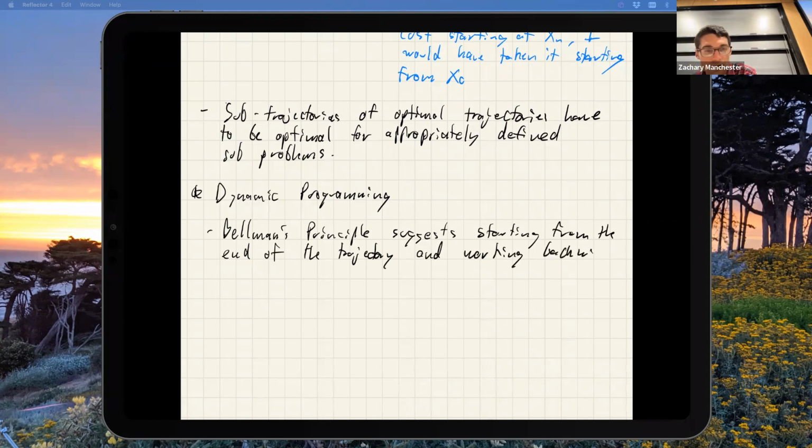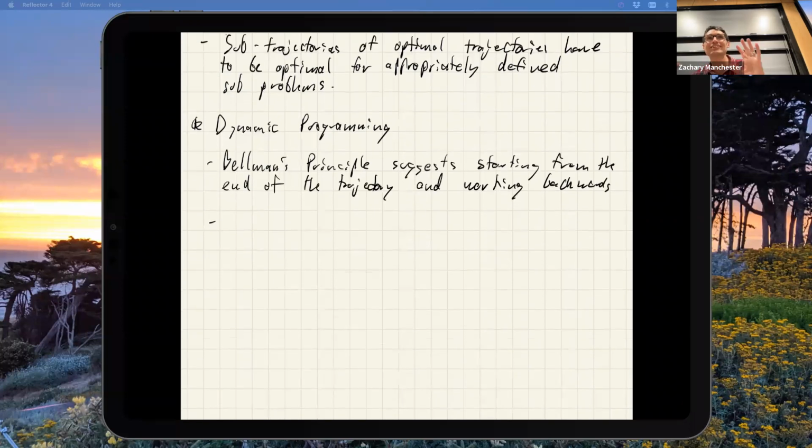And I guess the other comment here is we've already seen hints at this when we did Riccati, right? When we did that back substitution Riccati derivation on the QP, the thing that popped out was that you started at time n and worked your way backwards, right? So hint, hint, this is all connected.